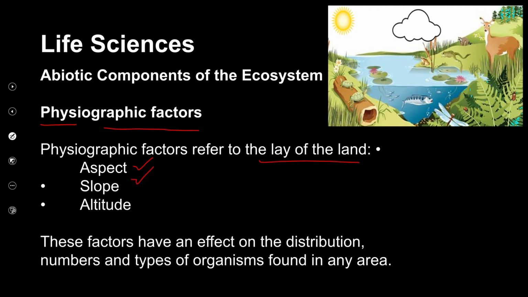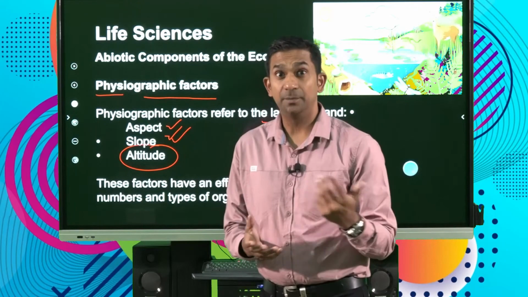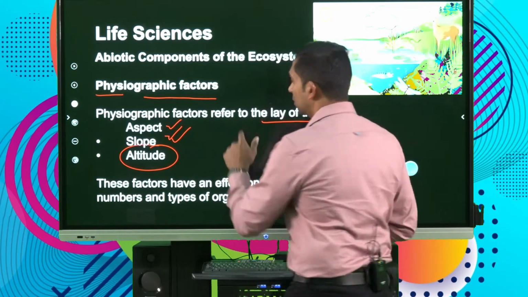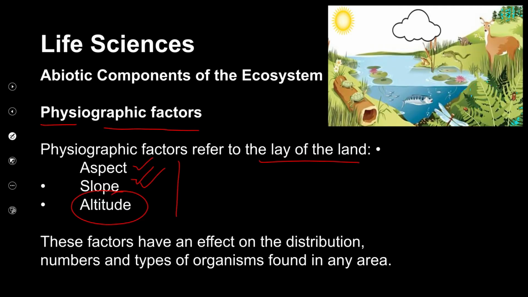You find that it's mountainous, you have slopes that are facing the sun or away from the sun. So that refers to the slopes. We also refer to the altitude, and the altitude is the height of an area above sea level. Collectively, all of these physiographic factors can influence the complexity of life in an ecosystem. So these factors have an effect on the distribution of the numbers and the types of organisms found in an area.